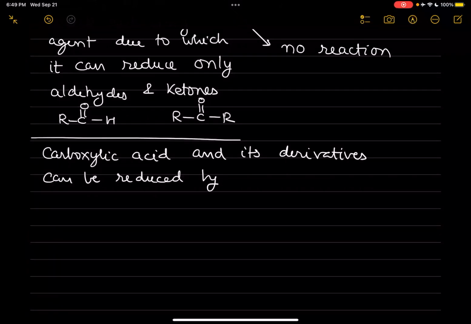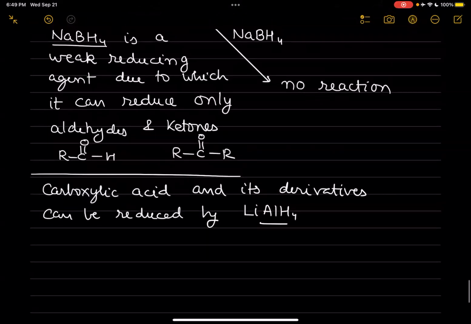The carboxylic acid and its derivatives can be reduced by LiAlH4. Okay.